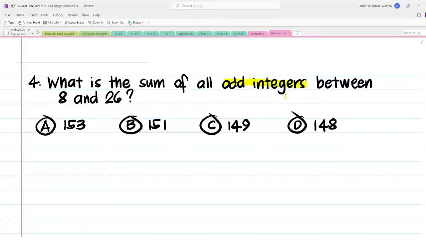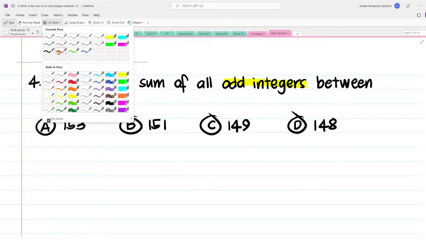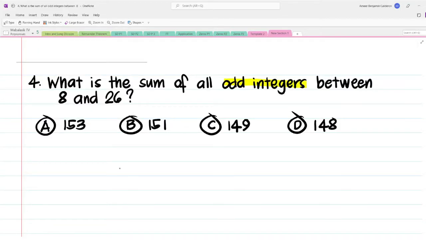So obviously, 8 is divisible by 2, but 9 is non-divisible. So that is the first term. 9, 11, we have there 13 until 26 is divisible by 2, between lang, sa pagitan lang ng 8 tsaka 26. So up until just 25.